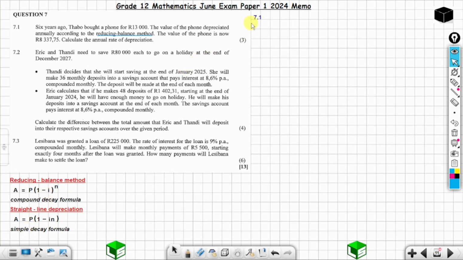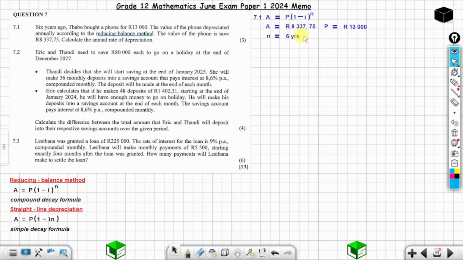So 7.1, calculate the annual rate of depreciation. You have this formula. You have A, which is the final amount, and you have B, the initial amount. So N is equal to 6 years.